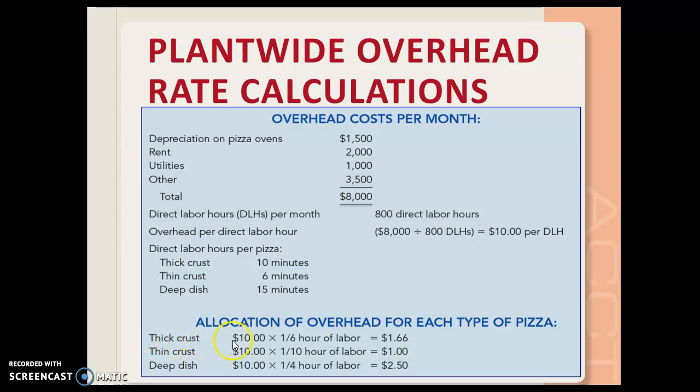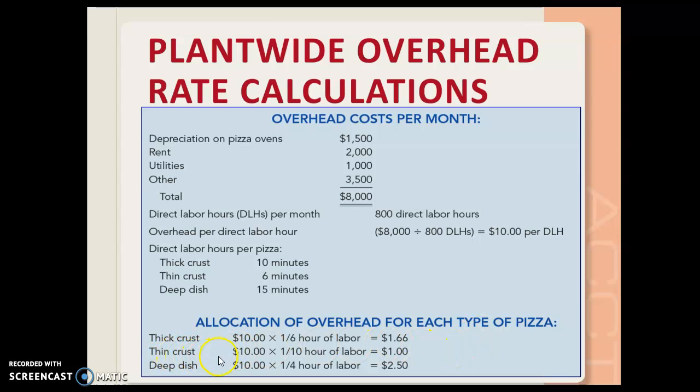For our thick crust pizza, we take our rate, $10 per direct labor hour, times 1/6 of an hour, that's 10 minutes, and we get $1.66 of overhead we're going to apply to every thick crust pizza. So whatever direct materials and direct labor go into that thick crust pizza, plus $1.66 is our estimate of overhead for it.